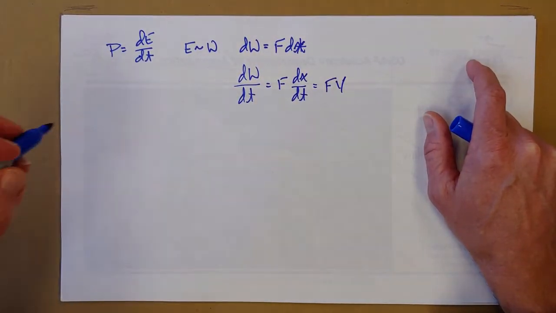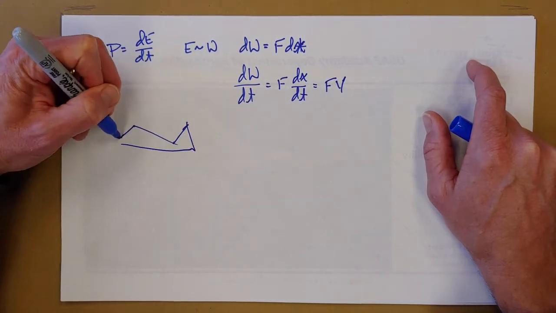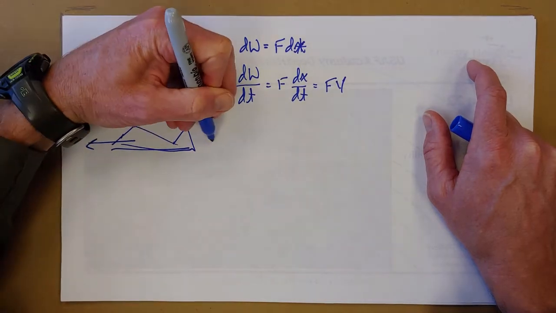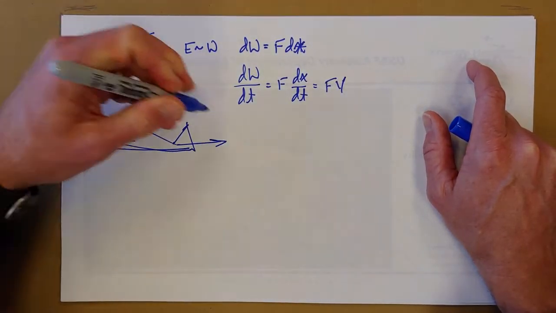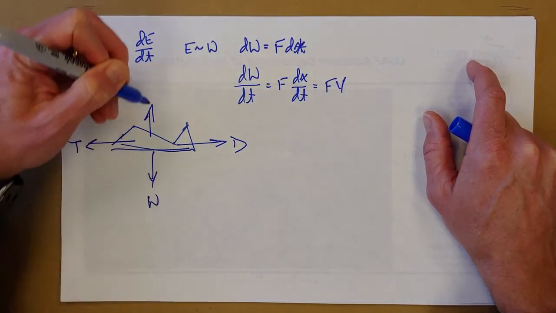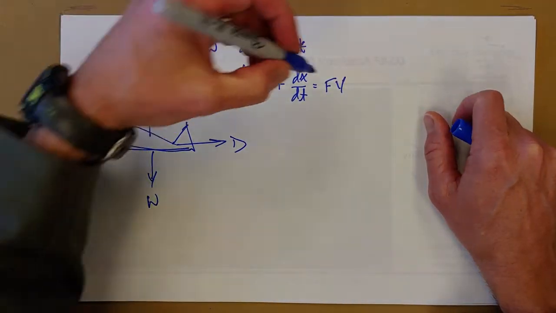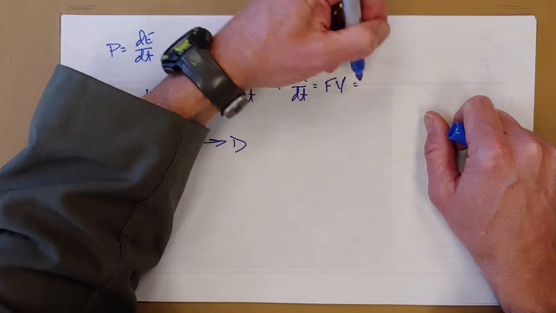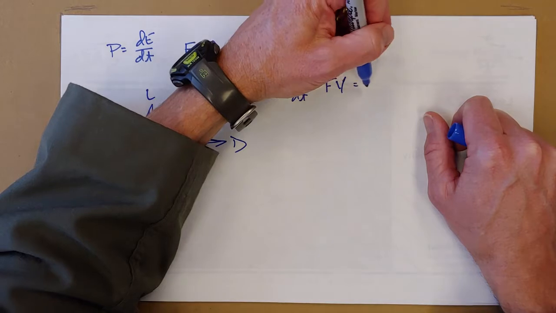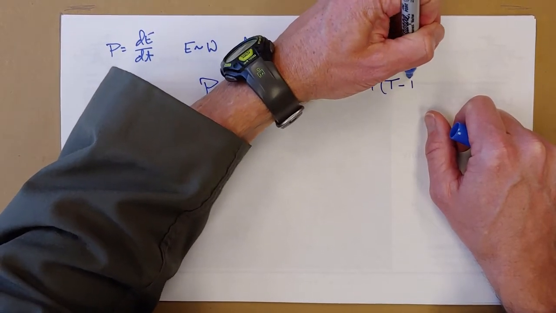And of course, in our free body diagram of our airplane, we're talking in the x direction here, so we've got the force of thrust, drag, and of course lift and weight to be complete. So this force right here we're talking about is the net force, the thrust minus the drag. So power is equal to velocity times my net force, which is my thrust minus my drag.